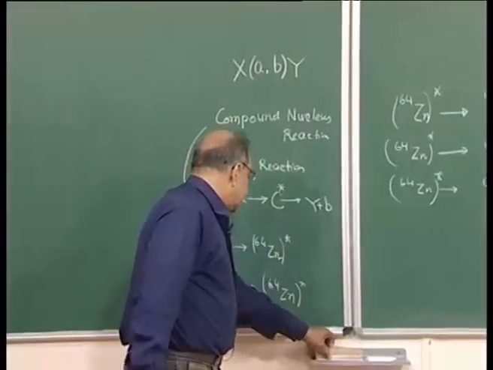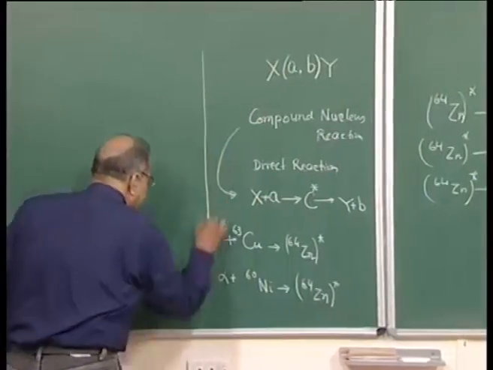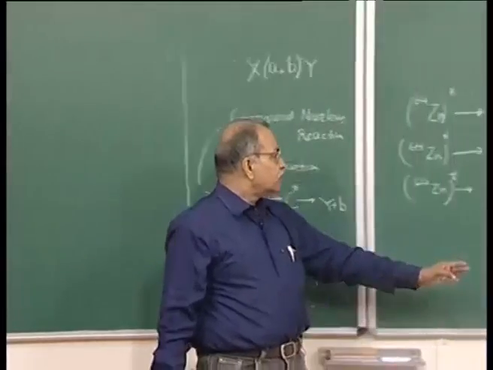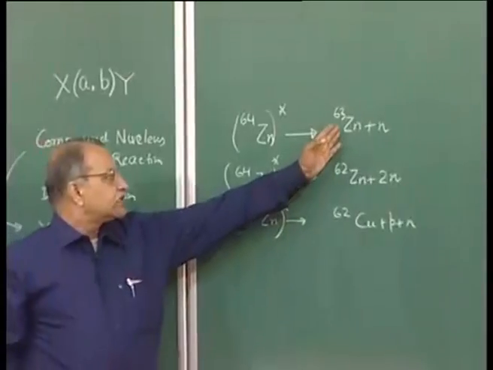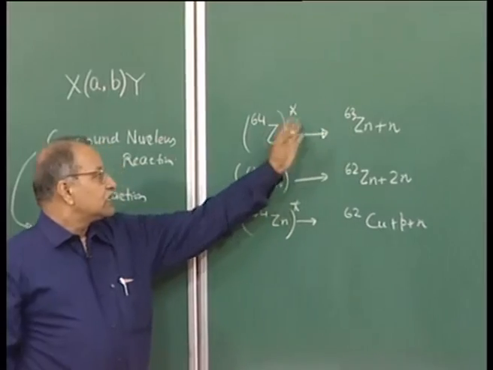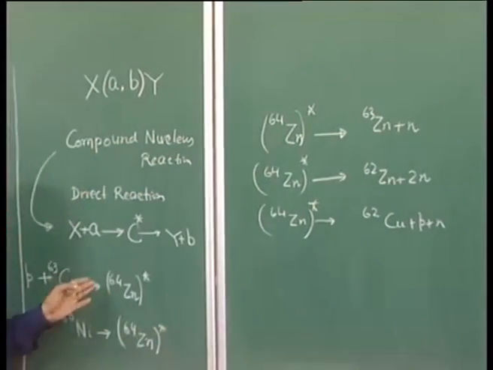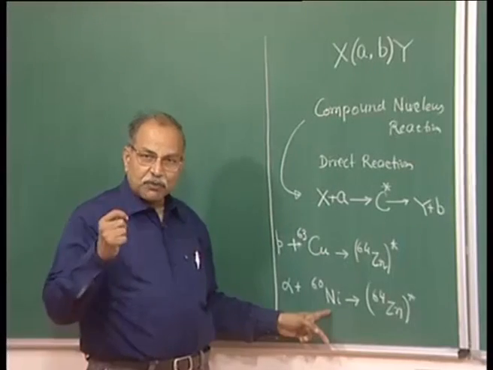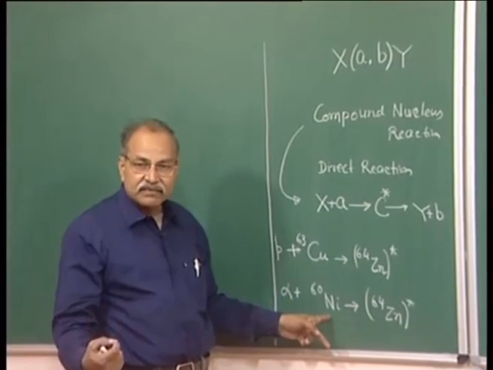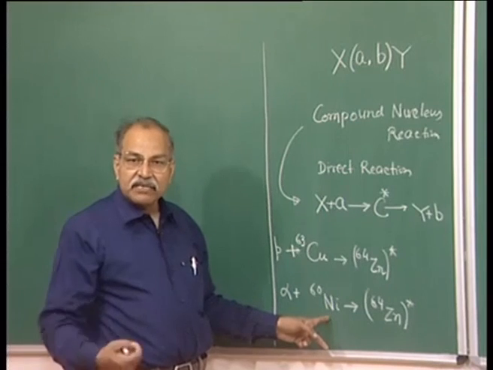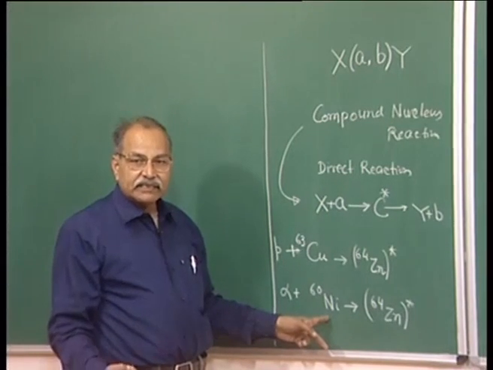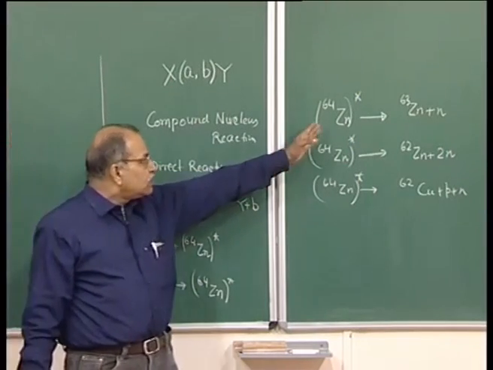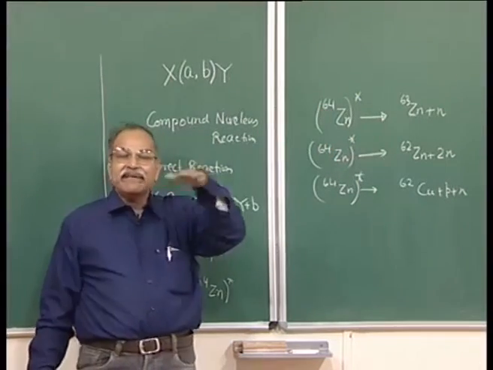So, let me talk about that energy thing. If we want to compare this reaction, say zinc 64 is formed through this reaction or through this reaction, and we want to quantitatively compare the cross section or the dependence of cross section on energy, then you have to produce this 64 zinc in the same excited state.